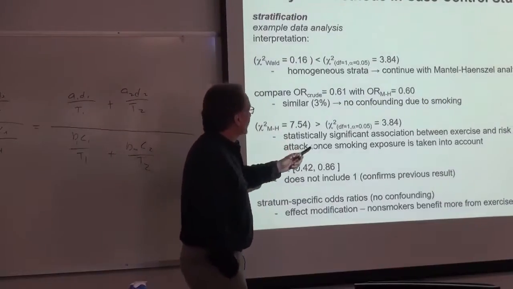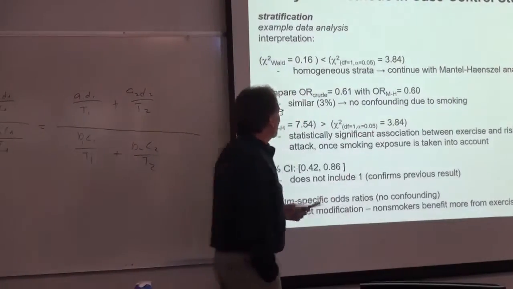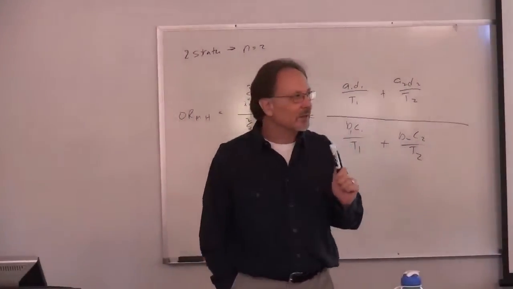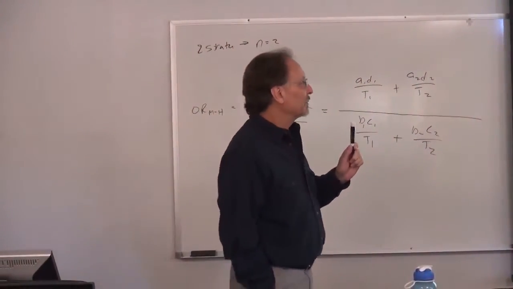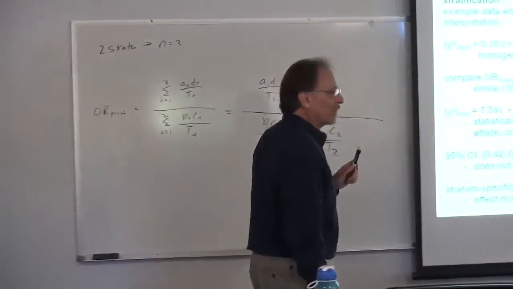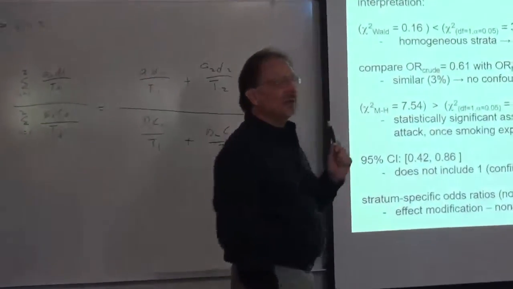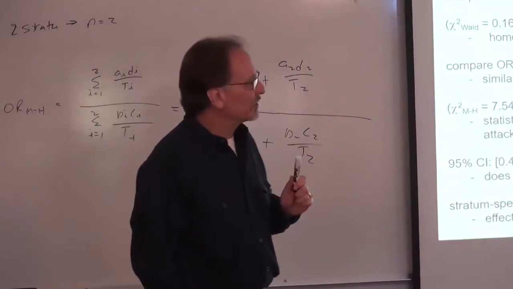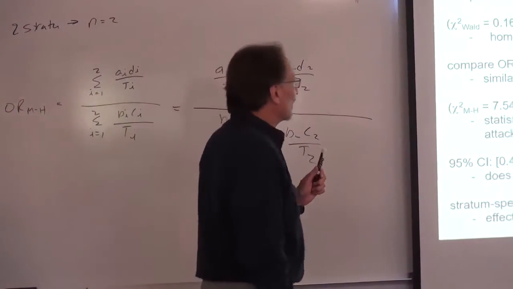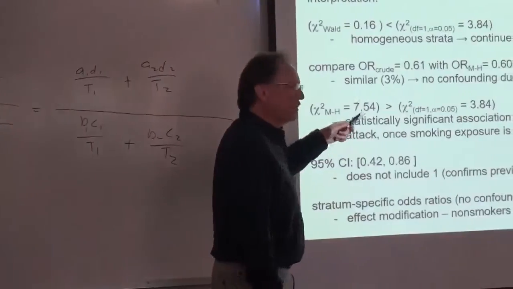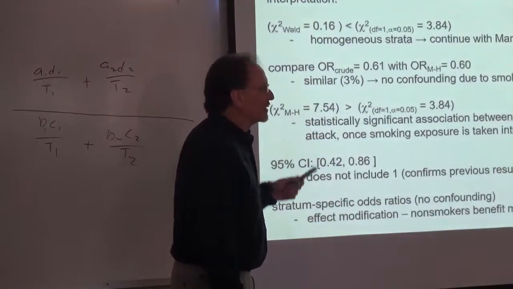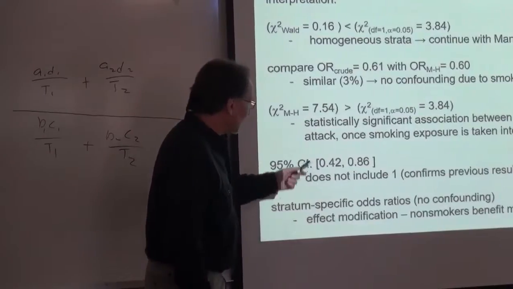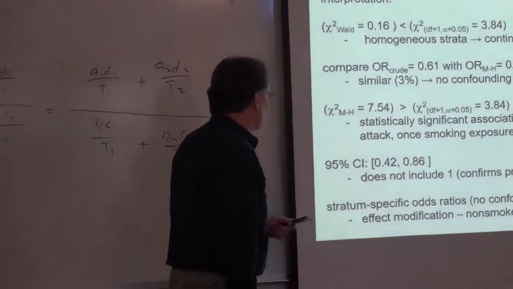Chi-squared Mantel-Haenszel is greater than 3.84, so there's a statistically significant association between exercise and risk for heart attack once you have taken smoking behavior into account. So we have a good association adjusted for our stratification variable. The confidence interval doesn't include 1, that's confirmation.